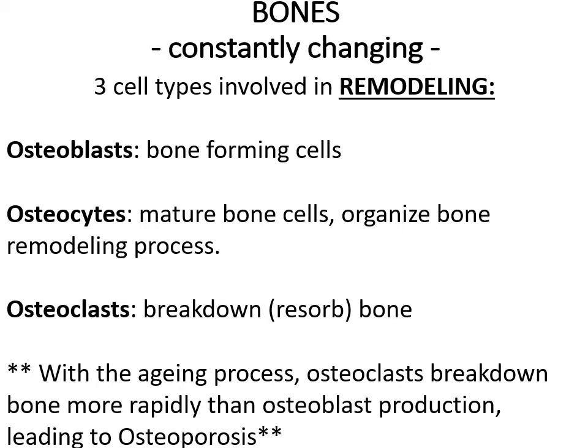Okay, so typically when we're thinking of bone synthesis, osteoblasts. Bone breakdown, osteoclasts. And it's an active process that's happening all the time. So there's new bone being laid down throughout your body, and there's bone that's also being broken down. And this active process is always taking place.